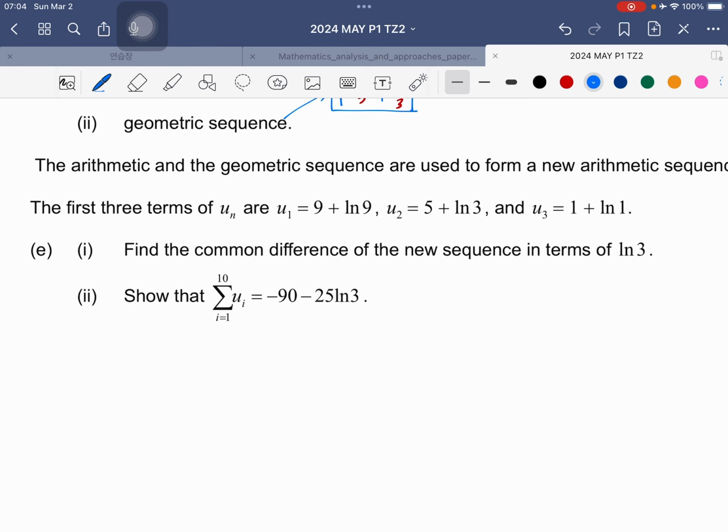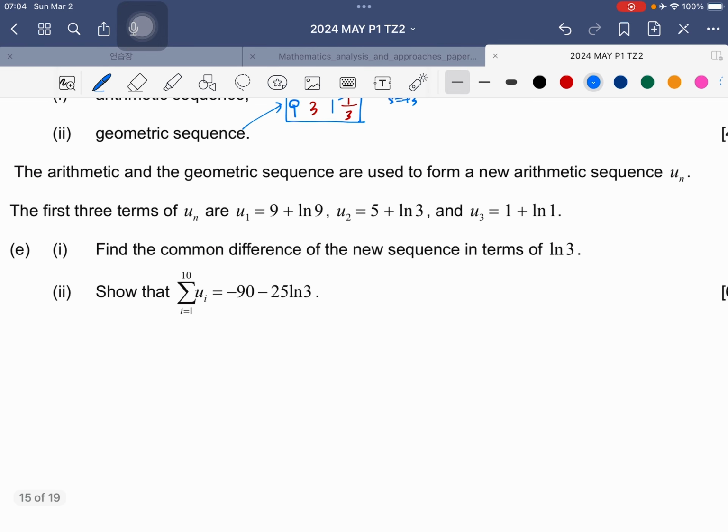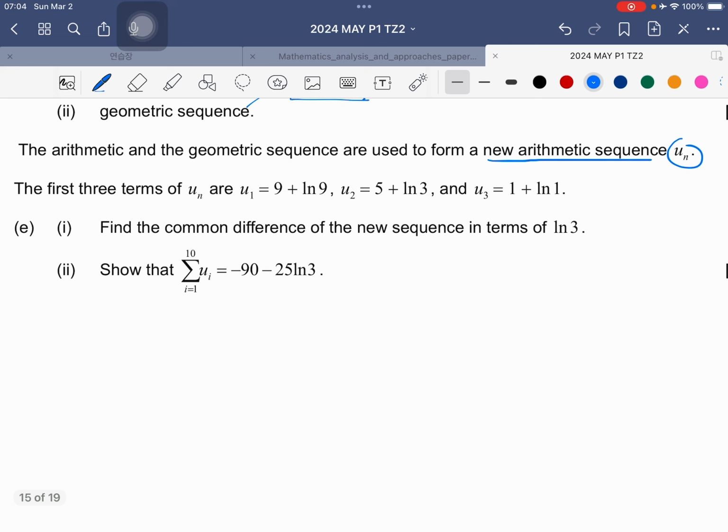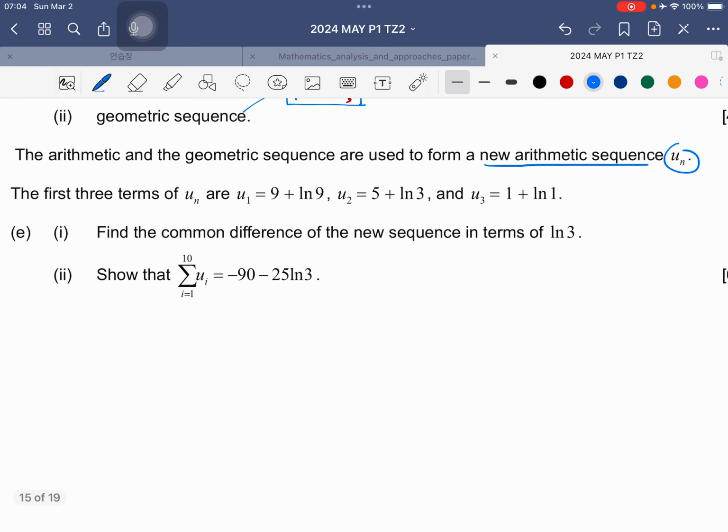Next question. The arithmetic and geometric sequences are used to form a new arithmetic sequence, Un. It says new arithmetic sequence. The first three terms of Un are U1, U2, U3.